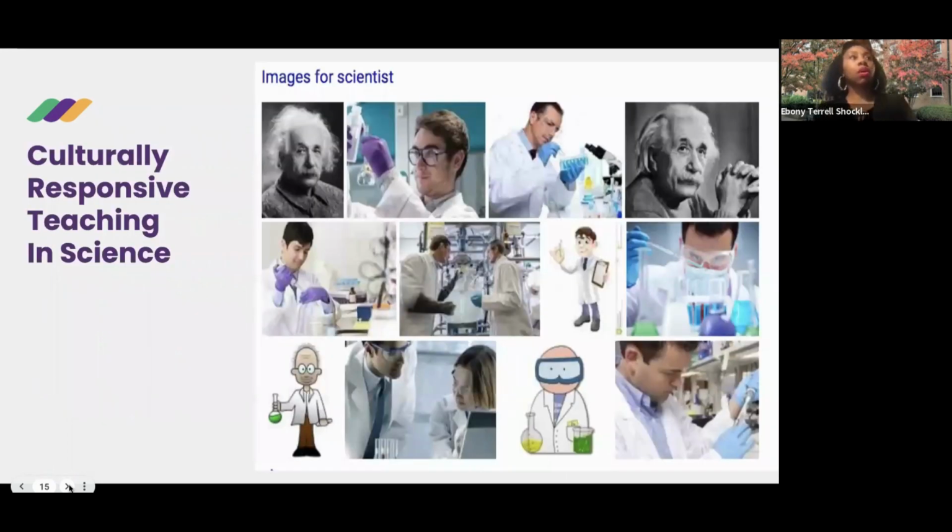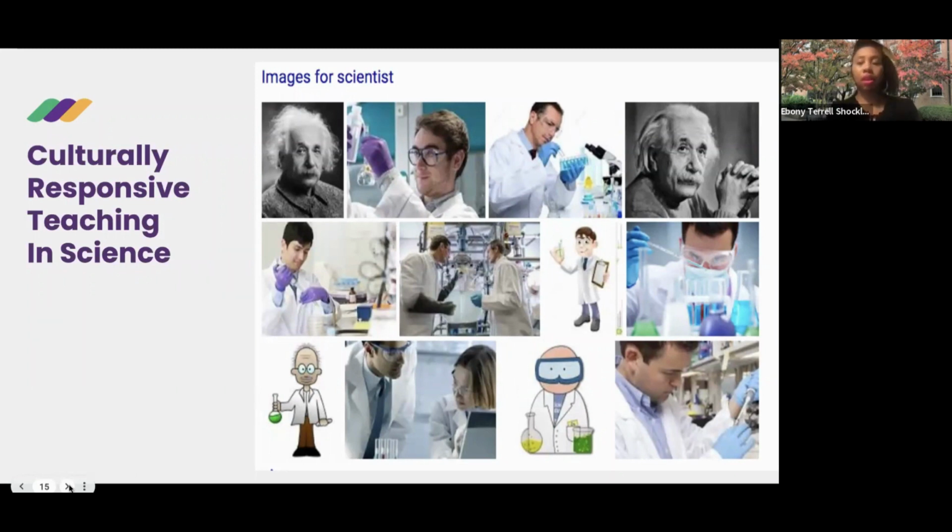And so thinking about culturally responsive teaching in science, it's really important for us to consider how we framed our own understanding of science and who can be a scientist. A search engine revealed not so long ago these images for scientists.